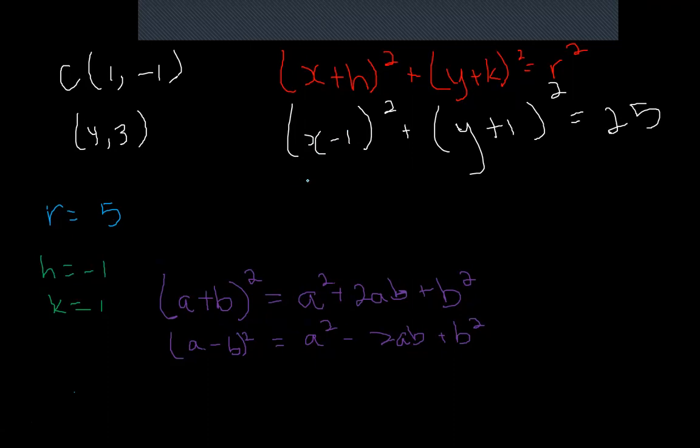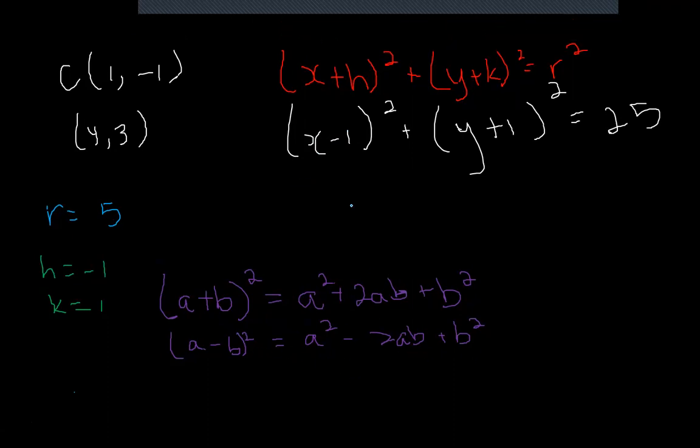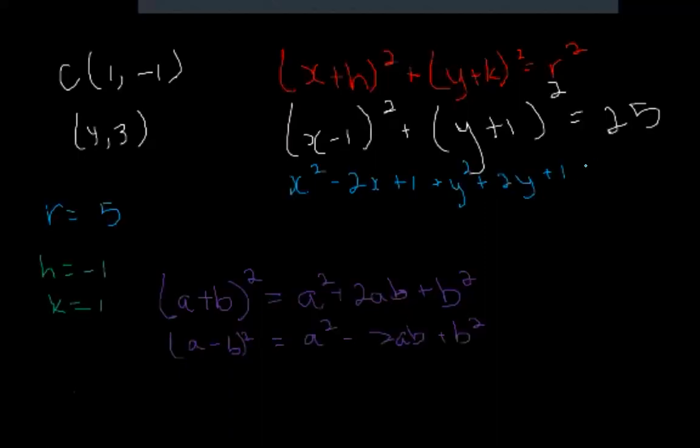So this is the formula we follow: x squared minus 2x plus 1. And then looking at the other formula for this one, this would be y squared plus 2y plus 1 is equal to 25.